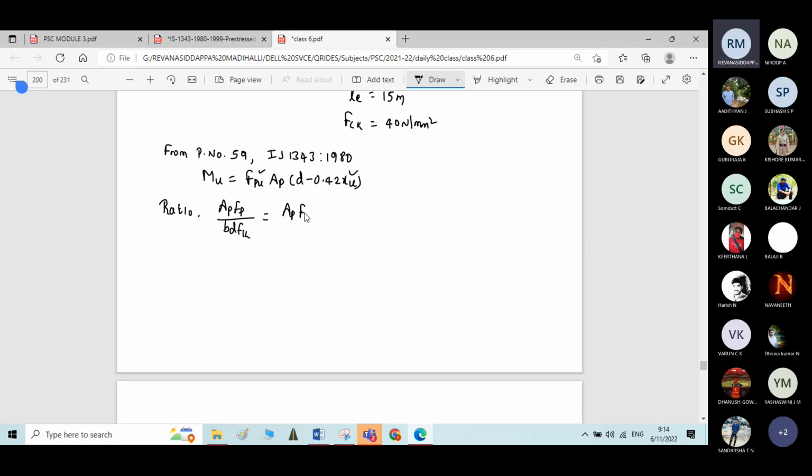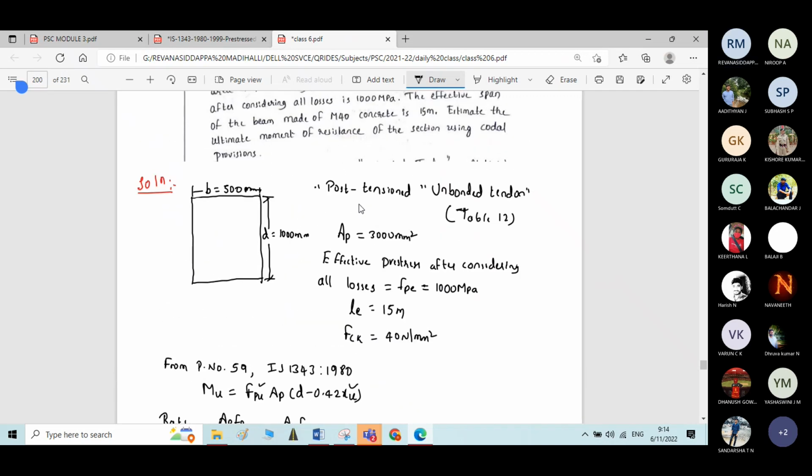Here in this problem the effective pre-stress after considering the loss is given, so you take the same value, FPE. Now the area of pre-stressing steel is given as 3000 mm square.